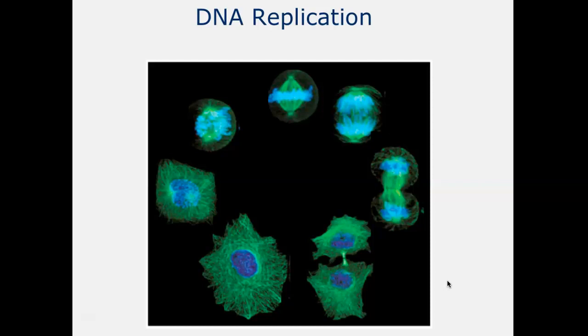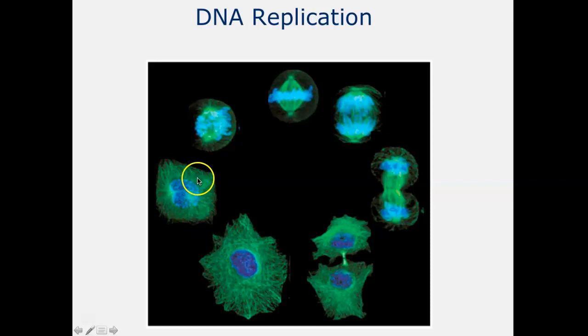Why? Because in this image, cells reproduce themselves, right? So let's say this is one of your skin cells. You have a cut and you want to replace the dead or the missing skin cells with new skin cells. So this one cell here is going to have to reproduce. It's going to have to make more cells. So all the DNA that's in the nucleus of the cell is going to have to double.